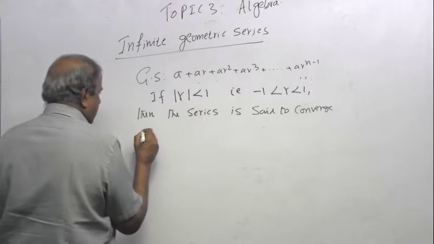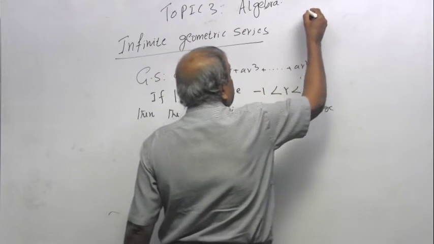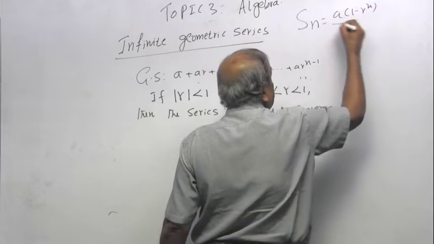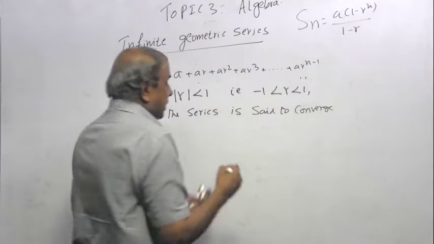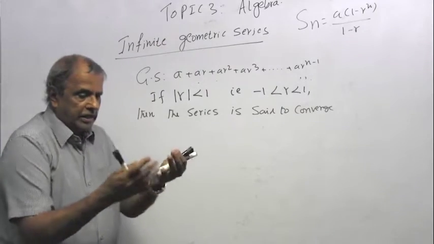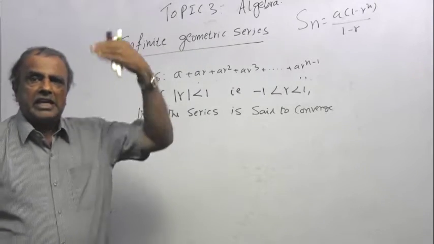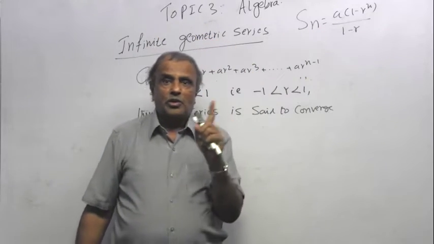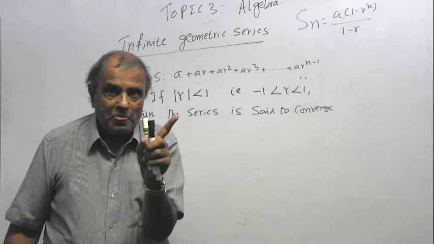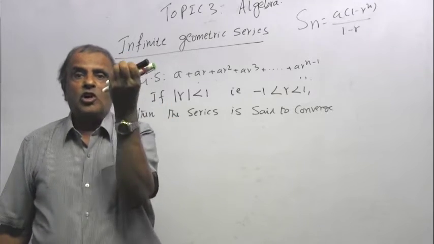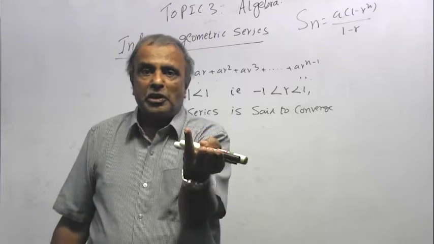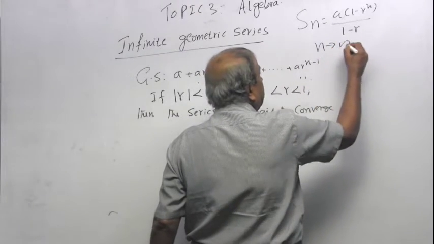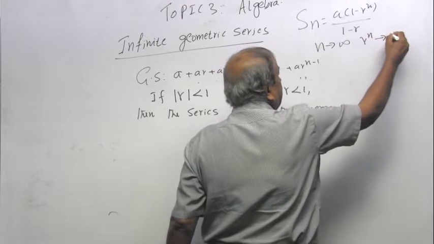In which case, let's look at the formula here. Sn was a times 1 minus r to the power n over 1 minus r. Remember, as r is very small, as n becomes larger and larger, r to the power n tends to 0. I told you, it will never be 0, but it is so small that it is almost 0. So as n tends to infinity, r to the power n tends to 0.